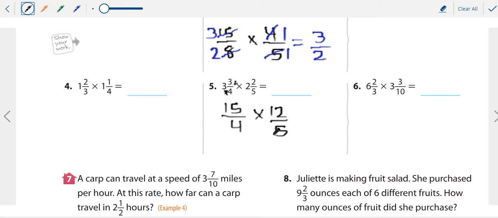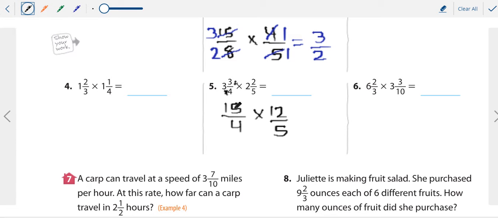Once again, I can cross reduce. 5 and 15, 4 and 12, they both have a greatest common factor of 4. This one has a greatest common factor of 5, between 5 and 15.